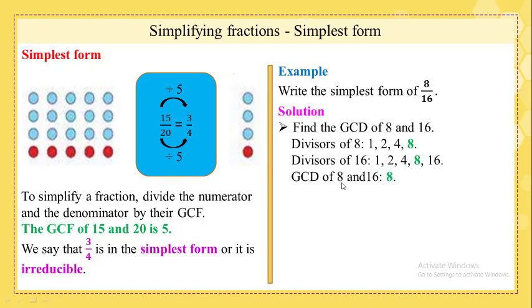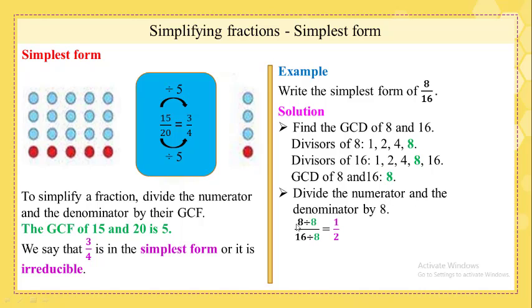So, GCD of 8 and 16 is 8. Second, divide the numerator and the denominator by 8. 8 divided by 8 is equal to 1, and 16 divided by 8 is equal to 2. So, 1 over 2 is the simplest form of 8 over 16.